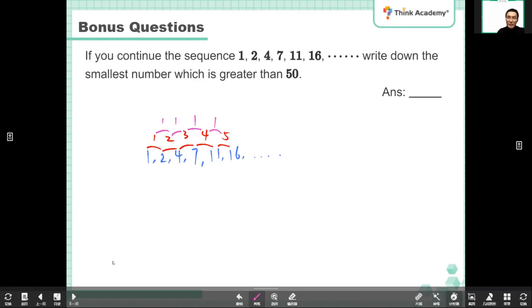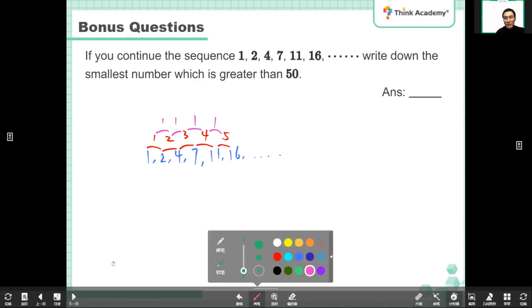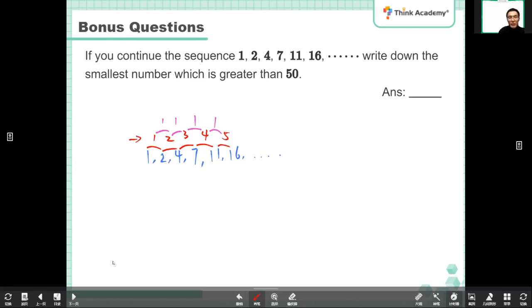Okay, so to do this, a simple way is to consider the sequence that is actually an arithmetic progression. Remember to include the first term, because all the terms in the actual sequence, the 1, 2, 4, 7, 11, can be obtained by using the sum of the arithmetic progression, the red one over here, plus 1.